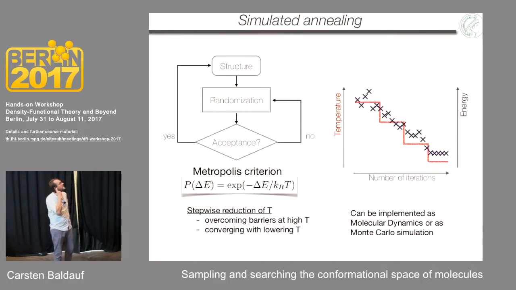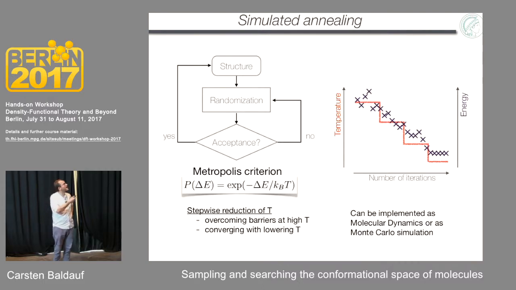One way is, for example, a simulated annealing type algorithm in which we stepwise decrease the temperature that the system has. We start with a structure, we randomize it, and then, for example, if we implement this as a Monte Carlo algorithm, decide on the acceptance of this structure using such a Metropolis criterion, where the difference of the previous and next energy is considered, and also the temperature.